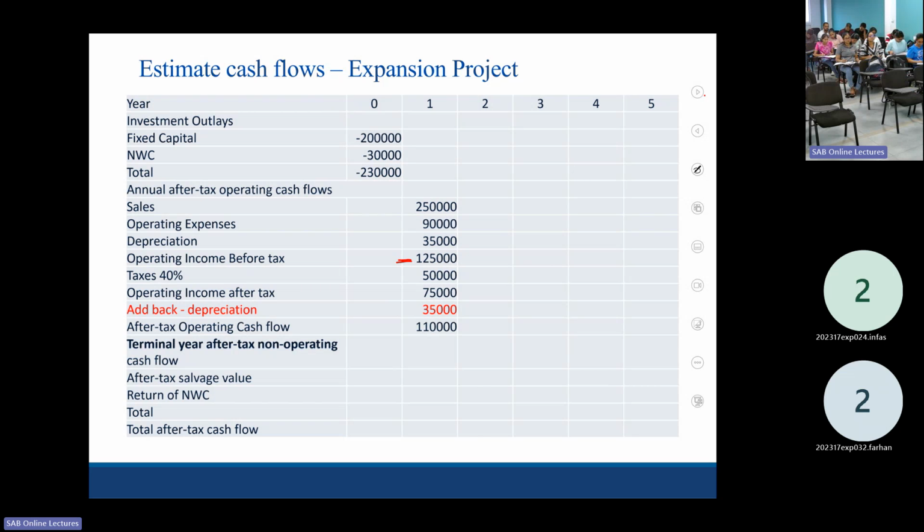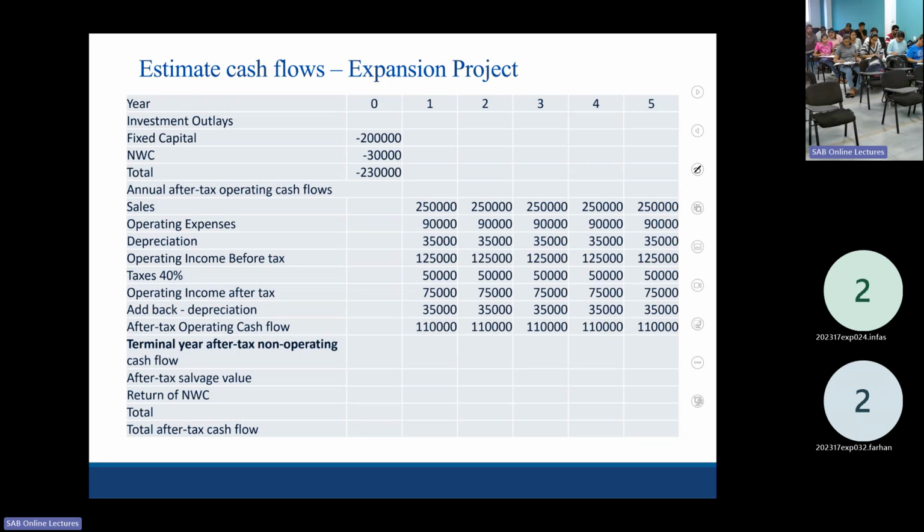So this is the after tax operating cash flow. So for all 5 years, this is the same. It doesn't matter, the income value is the same. So therefore, for 5 years, this is the same.